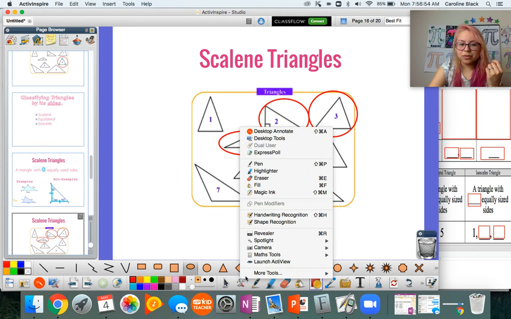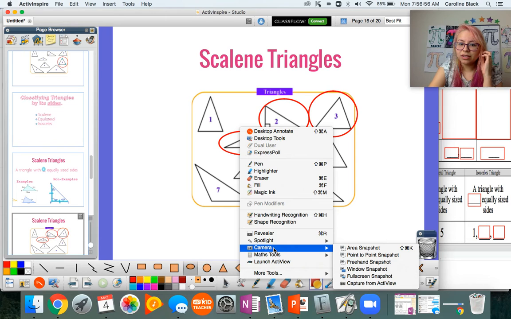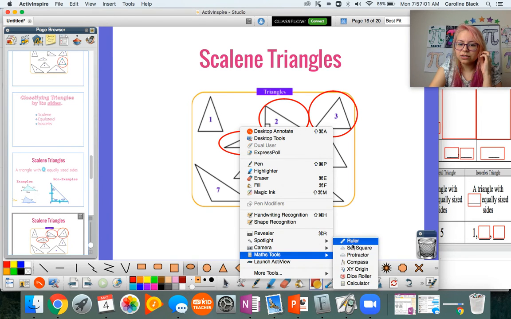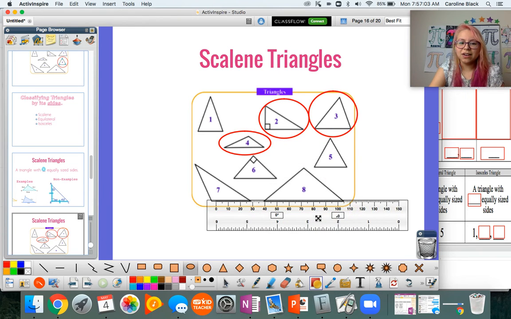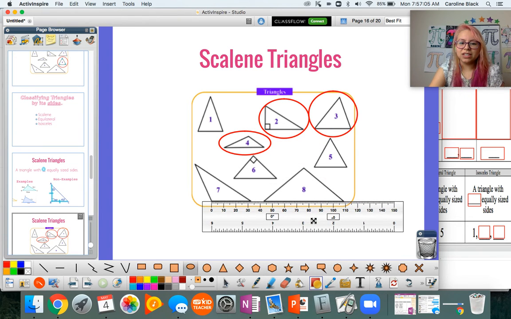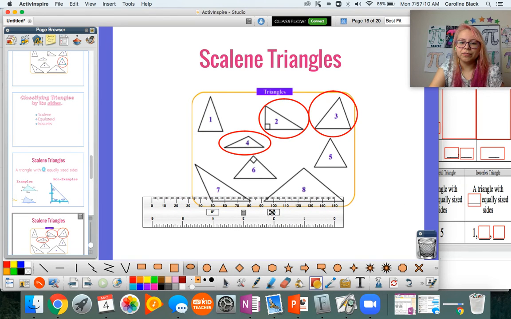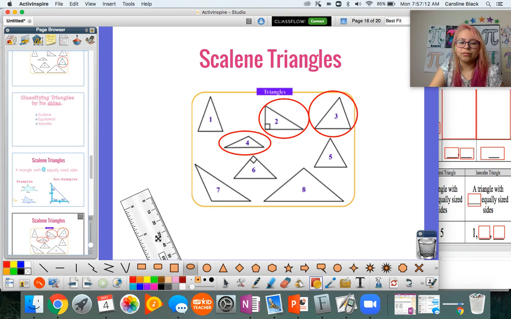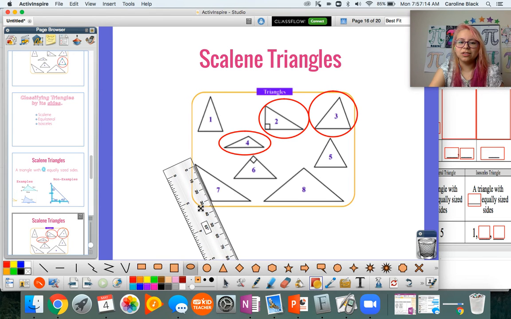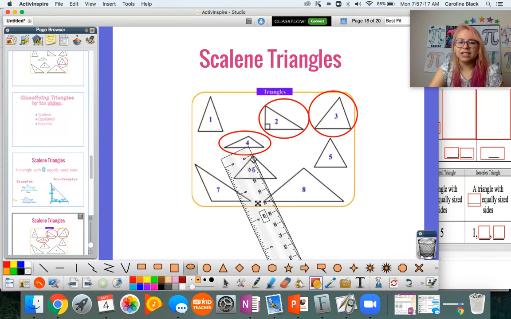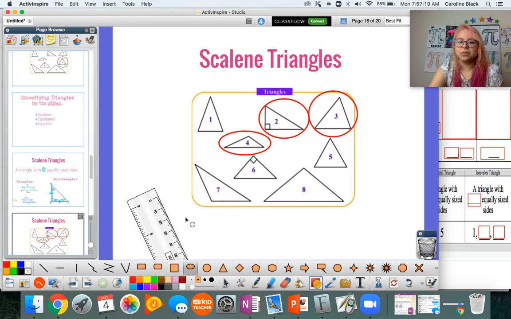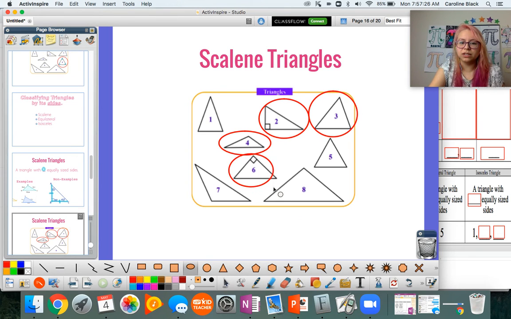So I took it out and I actually measured them, and I saw that this and the one over here were actually equal. But number 6, none of those sides were equal. So number 6 is a scalene triangle. The sides were not all equal.